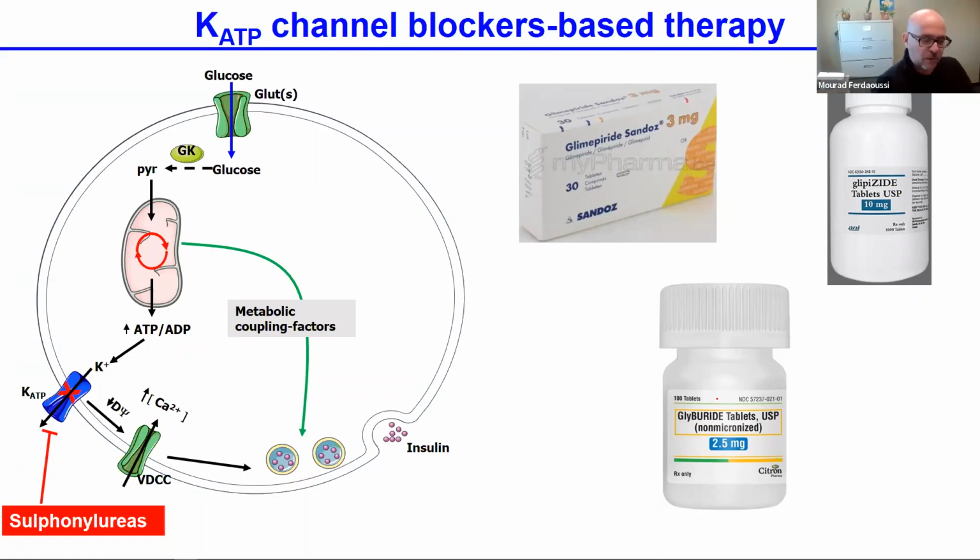But the problem with this medication is that the sulfonylurea is acting independently of the glucose, which means that if the concentration of glucose in a patient is low, the sulfonylurea is still able to induce insulin secretion.